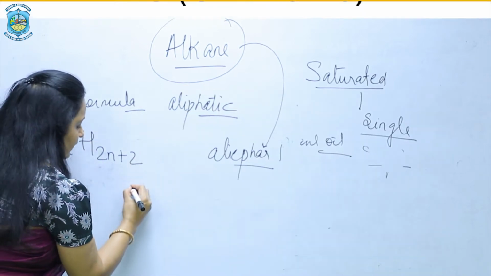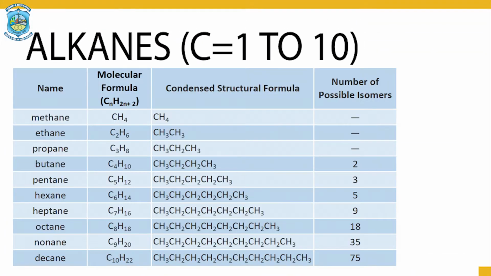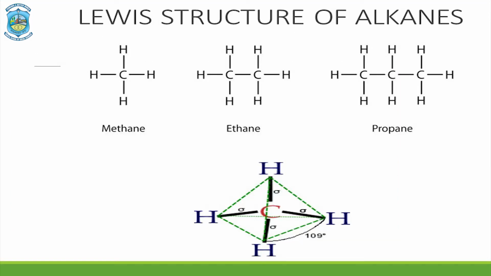For example, considering carbon equal to 1, the first member of this family is CH4, which is called methane. The structure of methane is 1 carbon bonded to 4 hydrogens, and the carbon is sp3 hybridized, and the angle is 109.5 degrees. So this is the first element of this family, which is called methane.